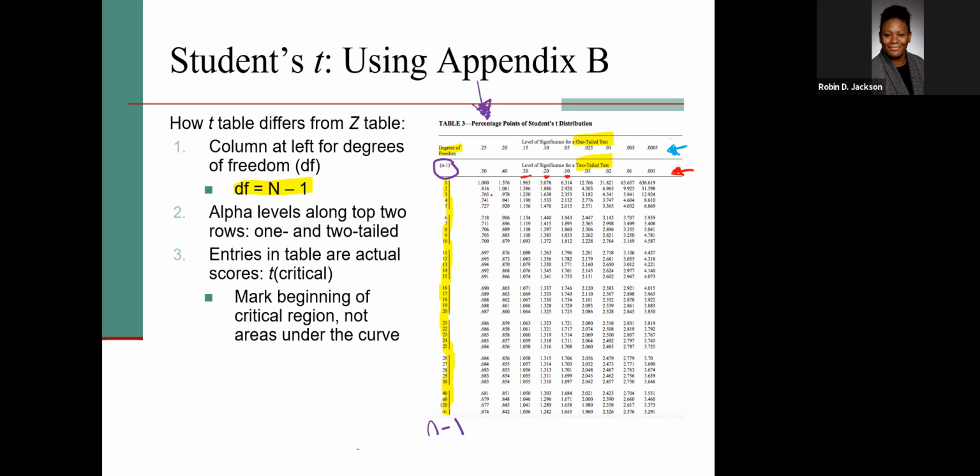Now, your course textbook does not have the numbers for 0.5 and 0.4 or 0.3. If I remember correctly, your textbook starts with the 0.20. So these first three columns, they're not in your textbook. Doesn't mean that they're not valid. It just means that it's not in your course textbook. But you can always go find a t-table kind of like this one, or you could use this one actually.